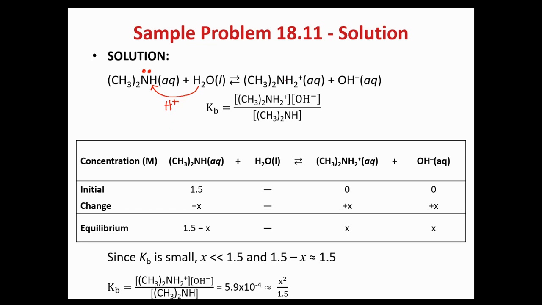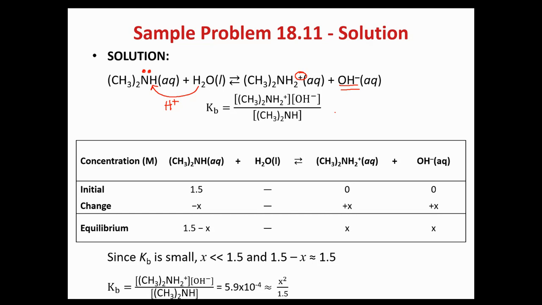Over on this side now, this nitrogen will have 4 bonds. That's why it has the plus. And then you form hydroxide. Setting up our ice chart again: this is our initial concentration, minus X, plus X, plus X. And then we can make the same exact simplification or assumption.